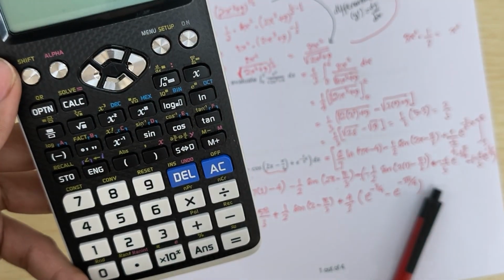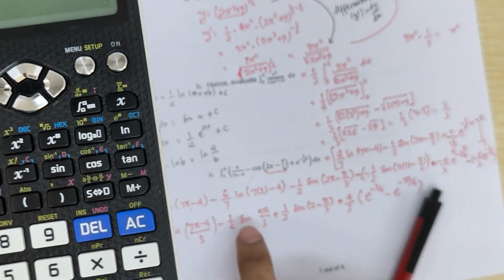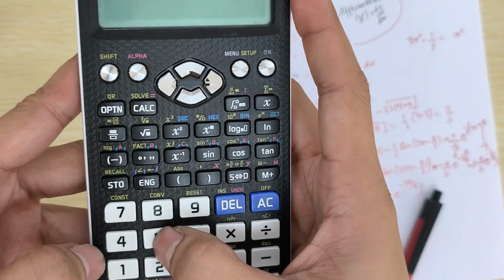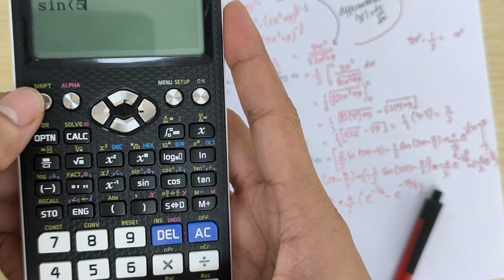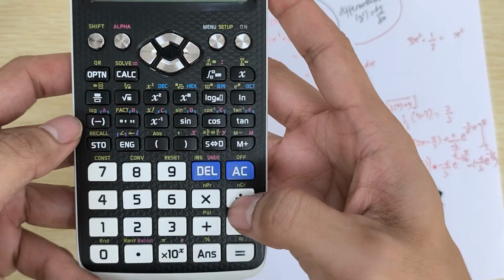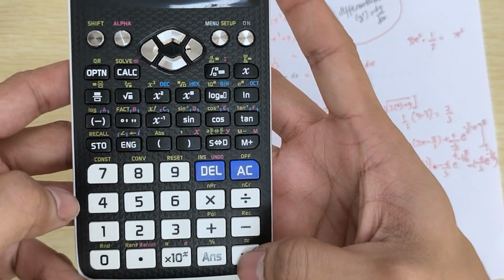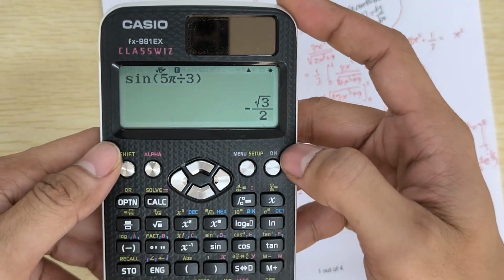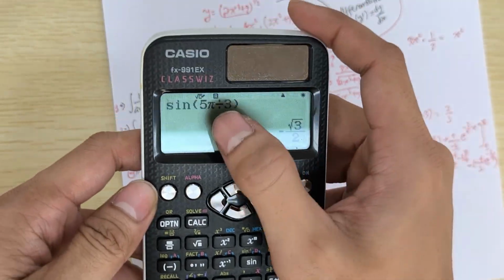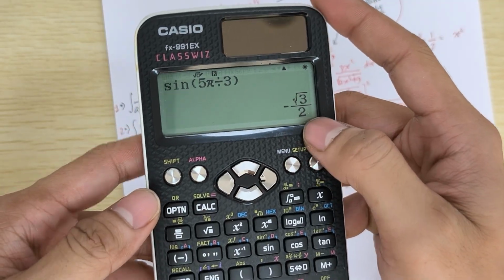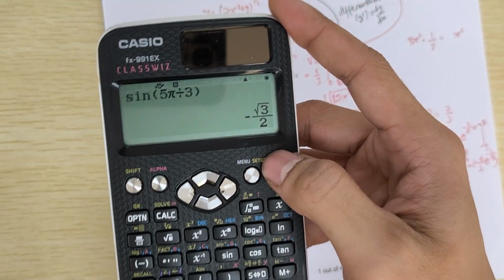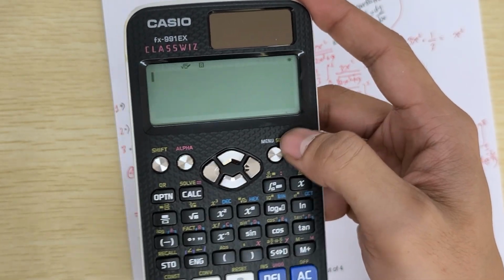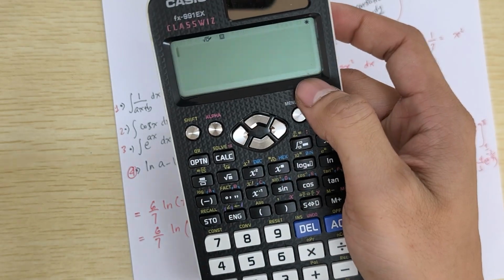So you input everything using that one, especially the sin 5 pi over 3. Let's take a look. Sin 5 pi over 3. That's going to be negative root 3 over 2. Yeah, that's how we use the calculator in radian. You need to change the setting first. But just so you know, 5 pi over 3, if it's in degree, that will be 300.